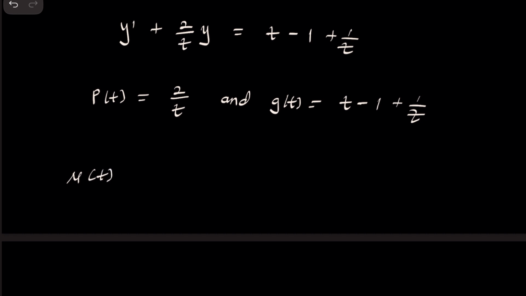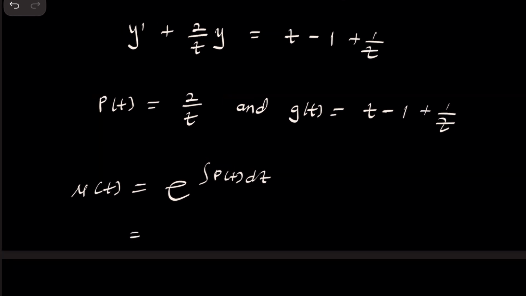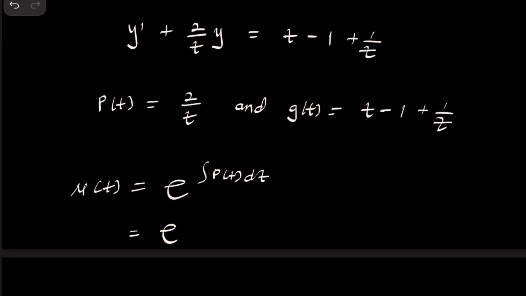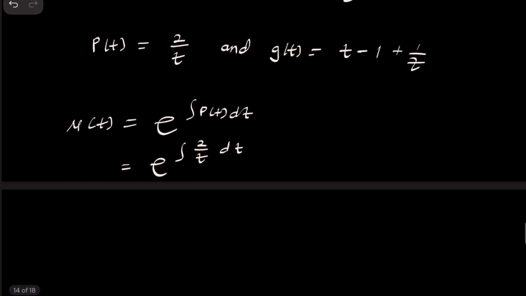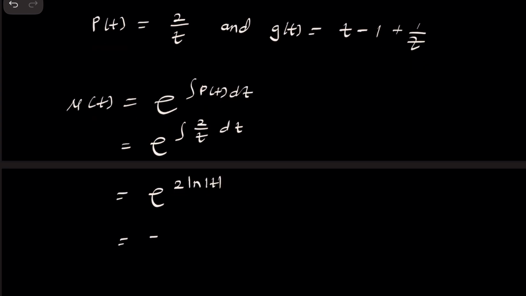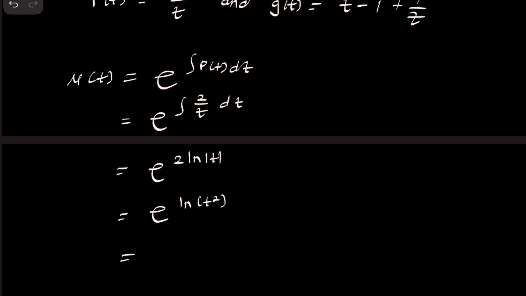Mu of t is defined to be e to the integral of p of t dt, and so we are going to have e to the integral of 2 on t dt, and so integrating this we are going to have e to the 2 ln of t, which can be rewritten as e to the ln of t squared. Thus we have our integrating factor mu of t to be t squared.